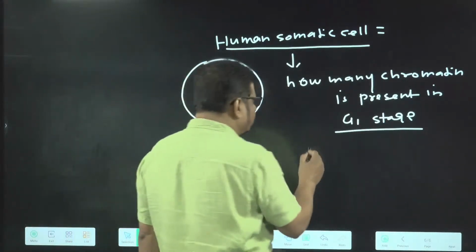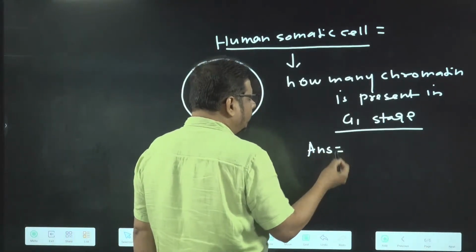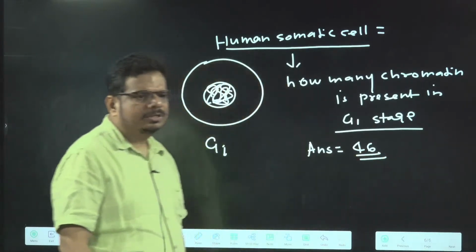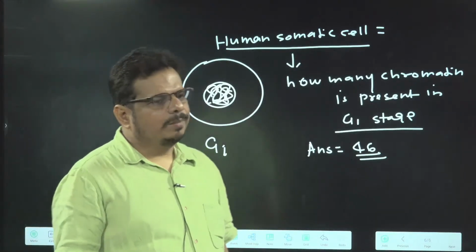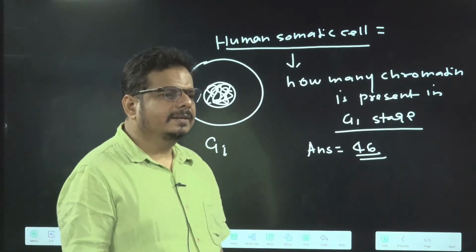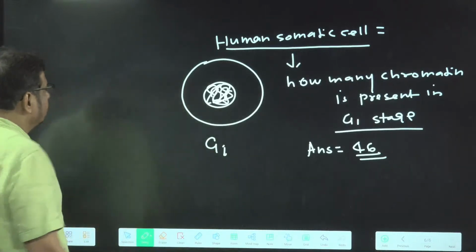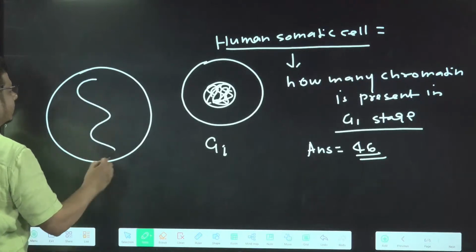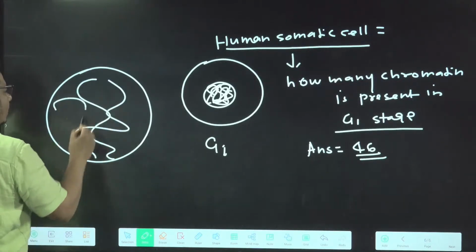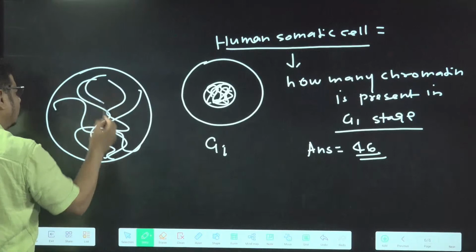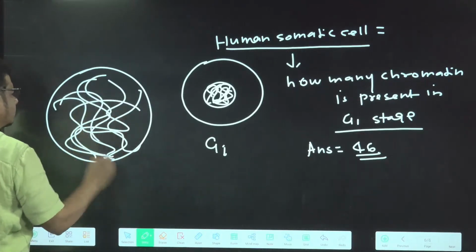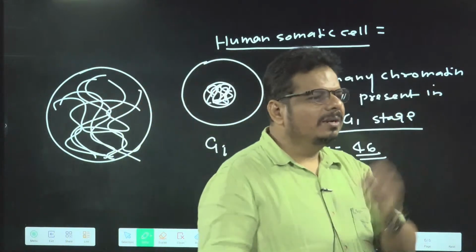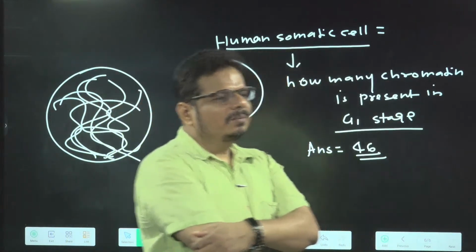The answer is 23 pairs, or you can say 46. In one line you can write 46 chromatin. Look here, it is the nucleus, and chromatin is present like this, forming a network-like structure. In total there are 46.